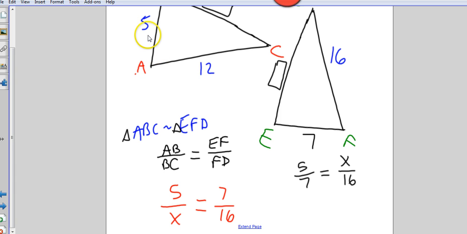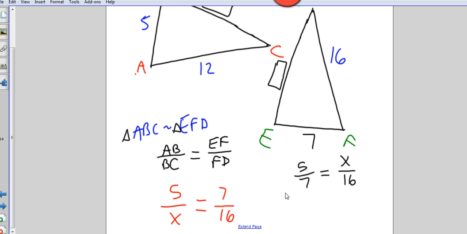So this is, I would say, AB to EF, that ratio is the same as BC to FD. As long as the parts match up, so that's this triangle compared to this triangle, corresponding part would equal this triangle over this triangle. They have to be in the same part of the fraction.